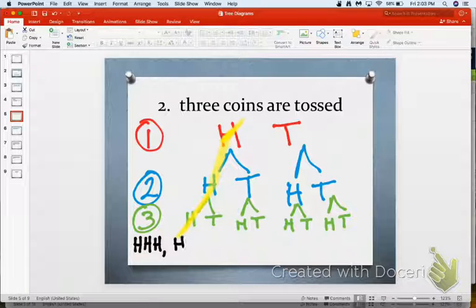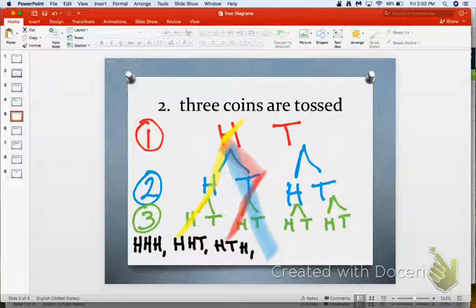So I have head, head, tails. Now I've done this section. I'm going to start going down the right side. So now I'm going to go heads, tails, heads. And then I've got the last one on that side. That's where I go straight down. And it's head, tails, tails. So there's 4 of my possible outcomes.